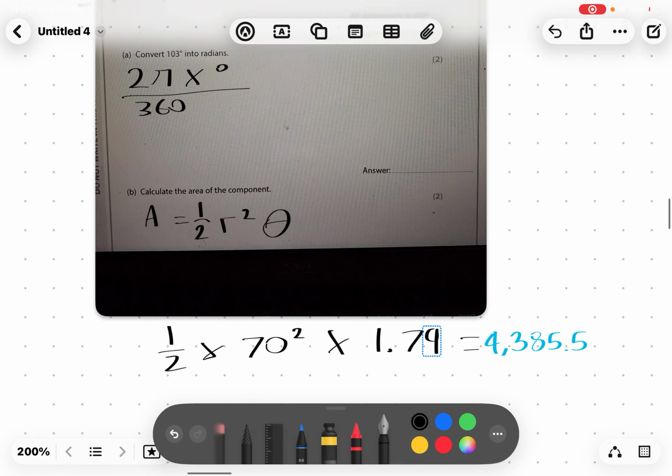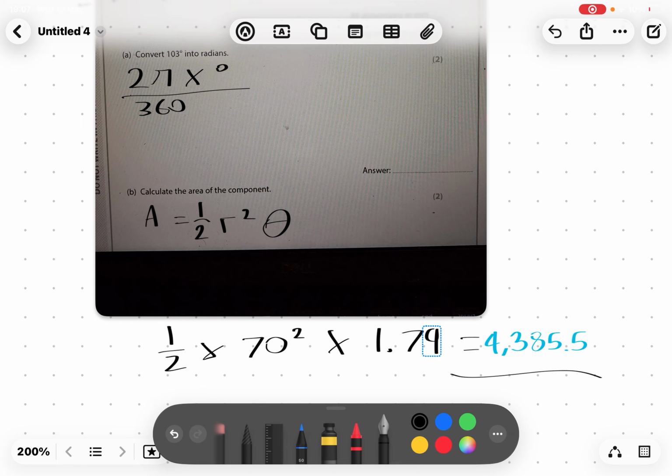By the way, let me just double check something. Let me do it myself. 70 squared times 1.79. Yeah, this is right. However, I'm a bit confused, because my teacher wrote something different on the board.